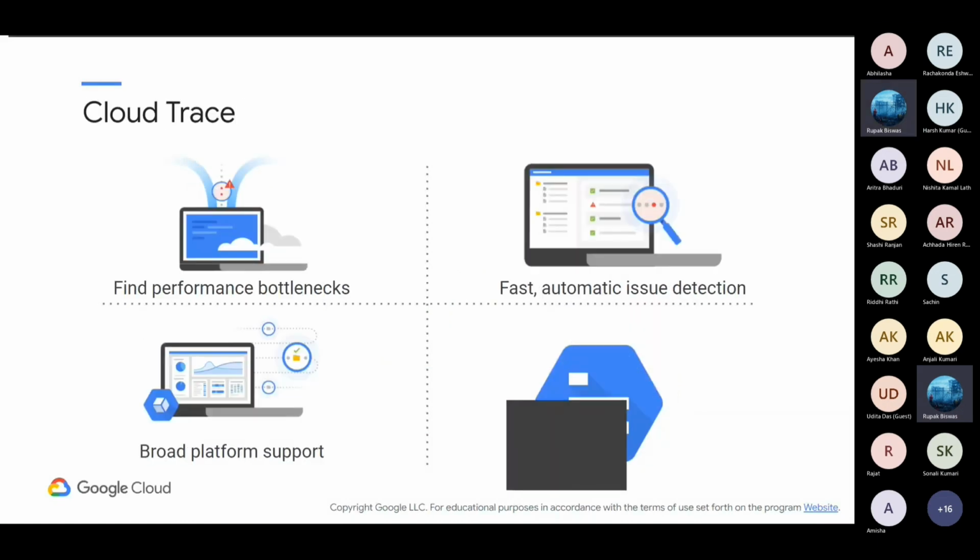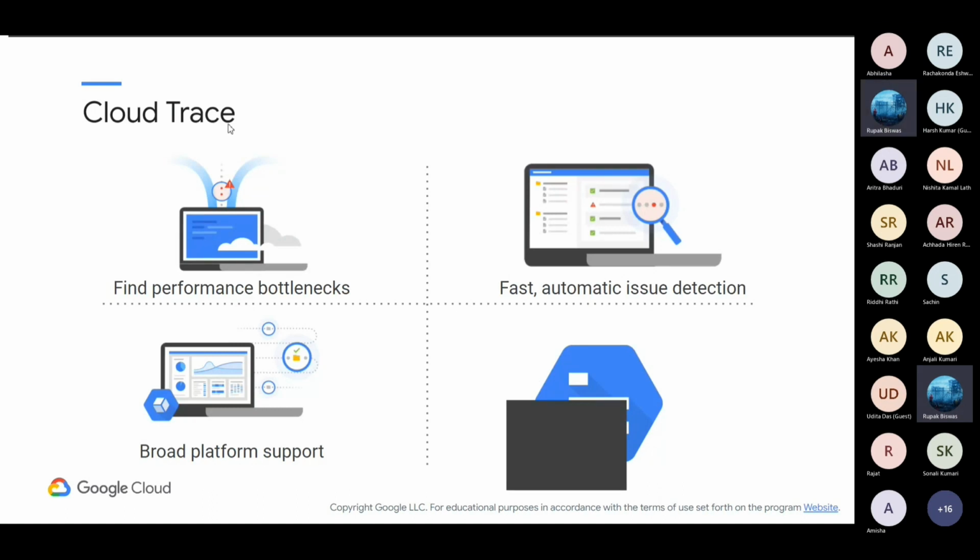And there is cloud trace for finding bottlenecks in the system. Let's say you have a full-fledged web application with a backend and front end, and you find that your application is lagging or not giving the expected performance. You might want to know where it is lagging, whether it is the database, the backend services, or whatever the reason.